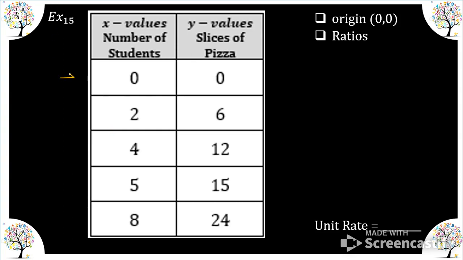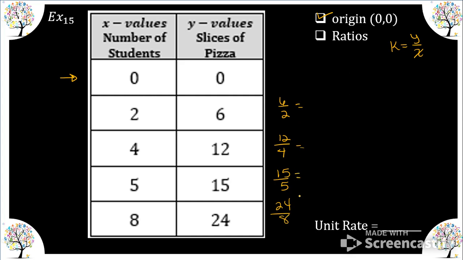First of all, 0, 0 is given, so we can check that. Now we are going to compare our ratios. And remember, we're going to compare y to x. So we have 6 over 2, 12 over 4, 15 over 5, and 24 over 8.